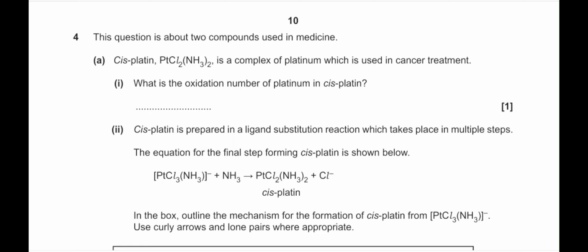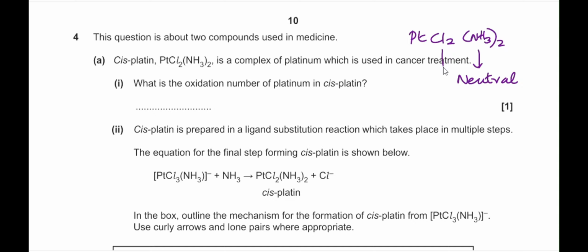Question 4. This question is about 2 compounds used in medicine. Cisplatin, PtCl2(NH3)2, is a complex of platinum which is used in cancer treatment. What is the oxidation number of platinum in cisplatin? In this complex, PtCl2(NH3)2, NH3 molecule is neutral, just like water, it doesn't have any charge.